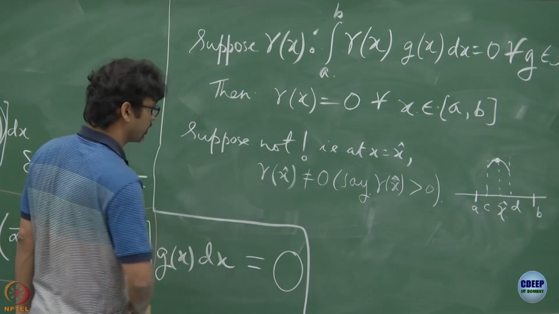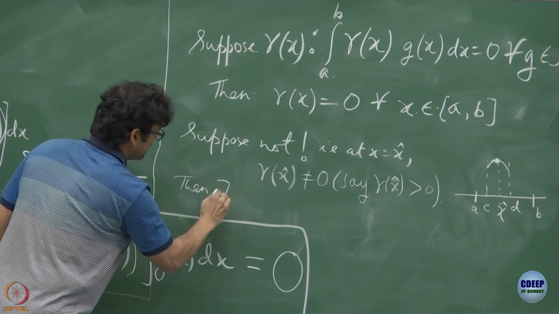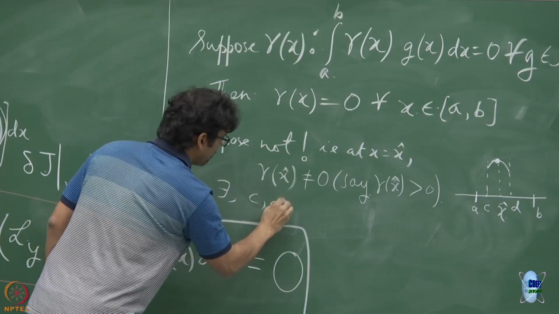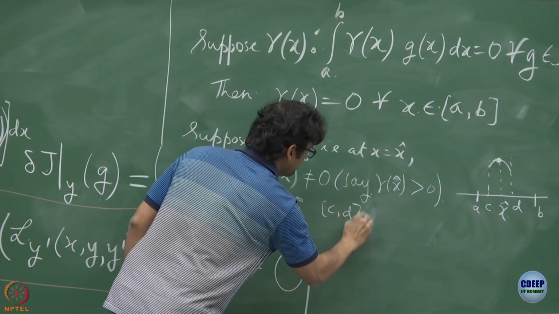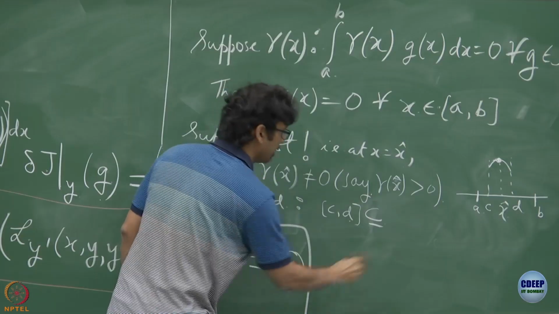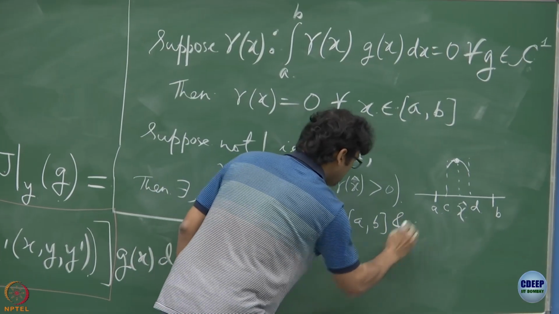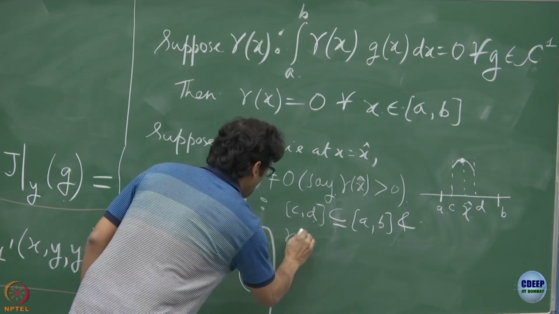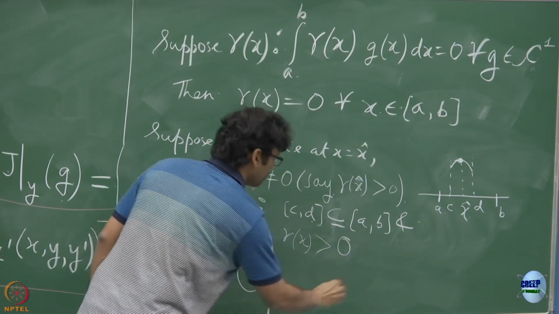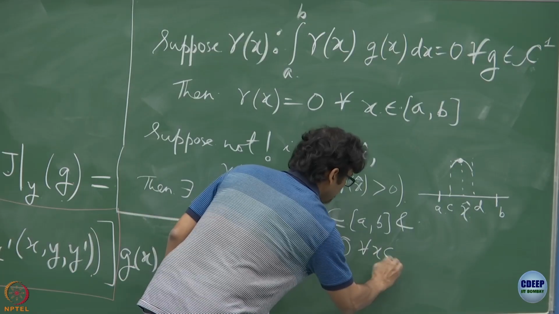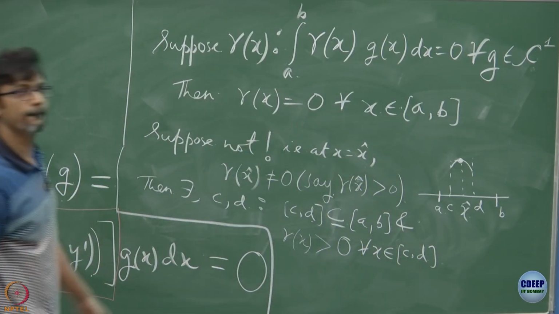This is without loss of generality. Then there exists C comma D such that CD is contained inside AB and gamma x is greater than 0 for all x belonging to this interval C to D.